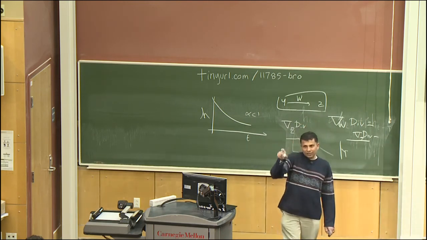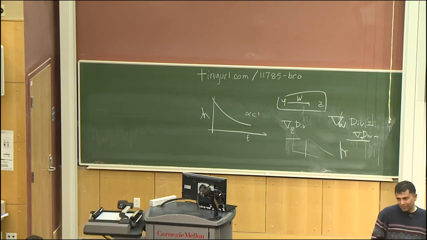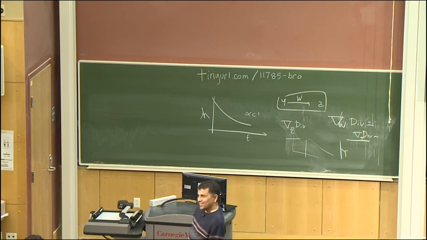That gives you a matrix of the correct size. Y is a column vector, the derivative with respect to z is a row vector, and the product of the two will give you a matrix. Everybody remember that? We've been through that a few times.